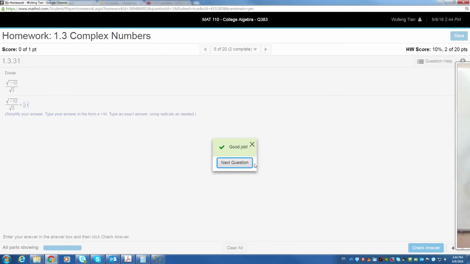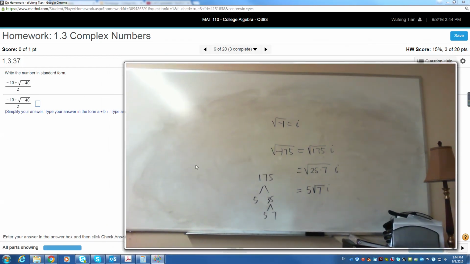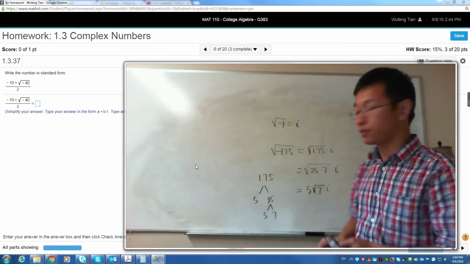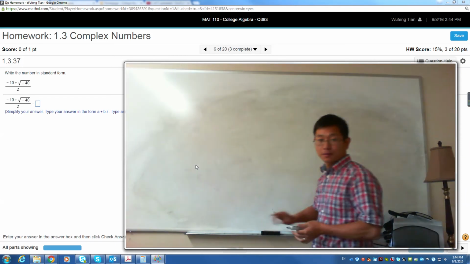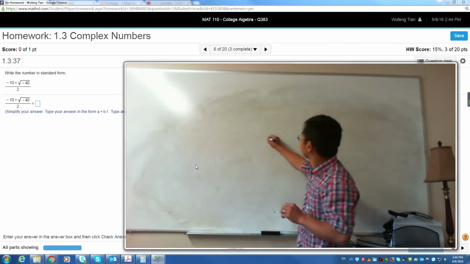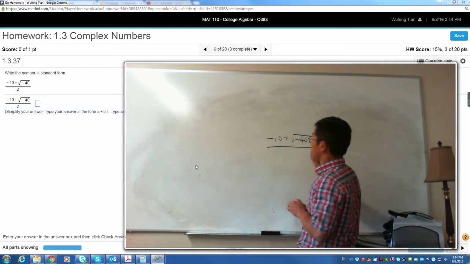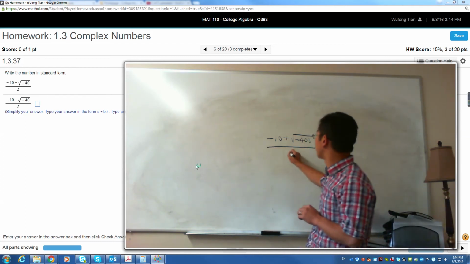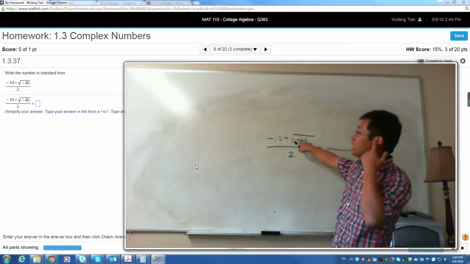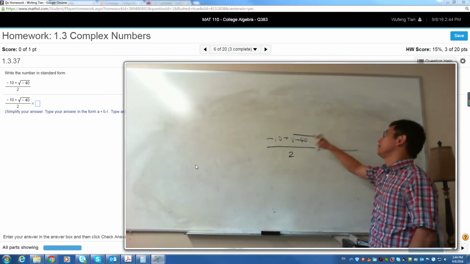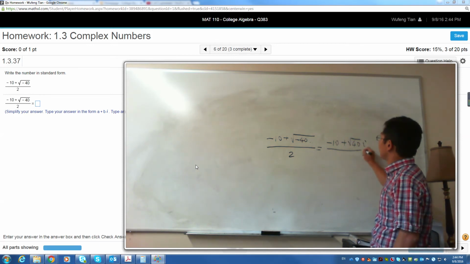Okay, next question. I really don't think I need to give you help on this one. It's pretty simple actually. It's negative 10 plus square root of negative 40, over 2. The problem is the square root of a negative, which gives an i, so it's negative 10 plus square root of 40 i, over 2.